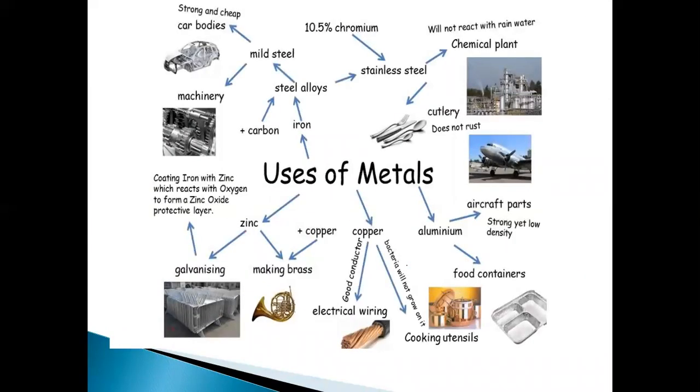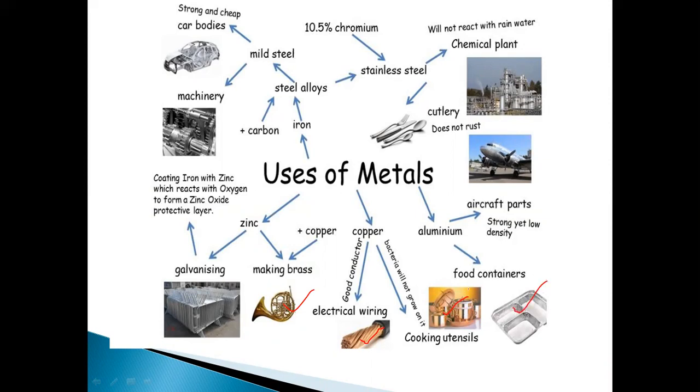Some uses of metals are here. We can use them for making musical instruments, copper wires, utensils, steel, and brass as well.